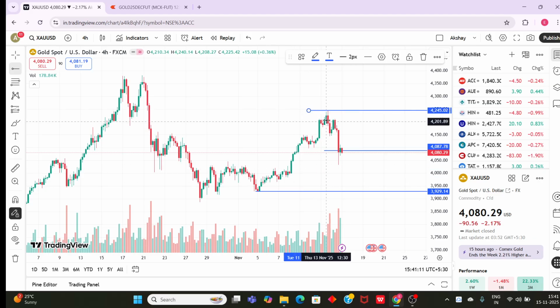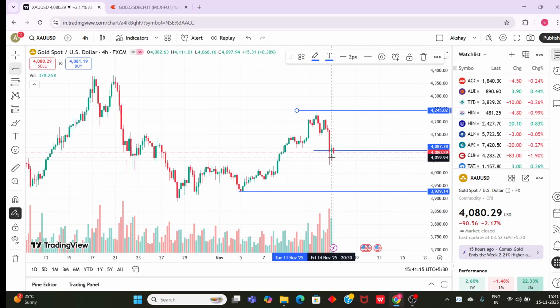So what you should do is, as soon as the price comes to this level and any candle closes above this 50% level, the candle has to close above this level, immediately you can go ahead and buy the gold. The target would be the next 50%, like the rally which has been made: the total rally which has been made is 315, right?